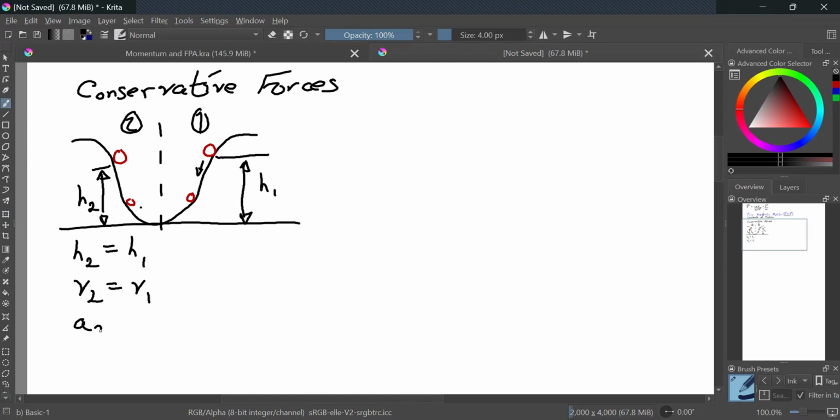And of course, the acceleration is going to be the same throughout.